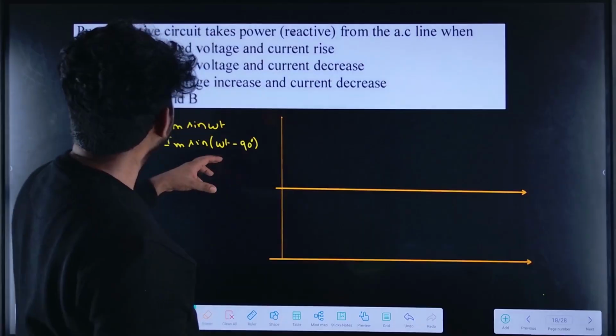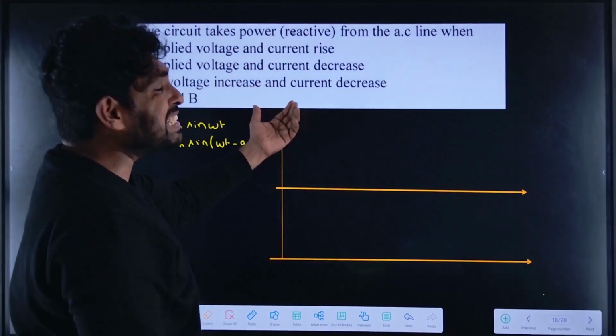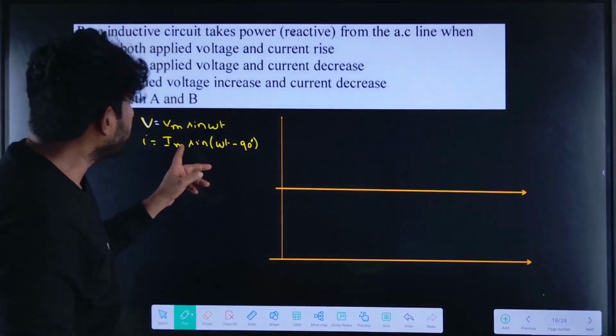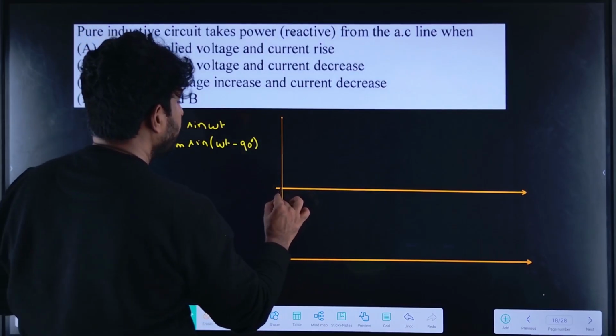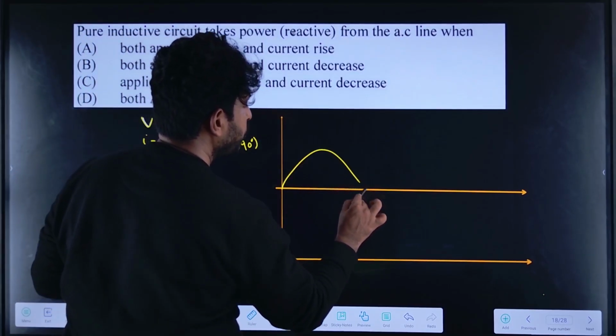So the current lags the voltage by 90 degrees. Let me draw both of these. V equals Vm sin omega t.